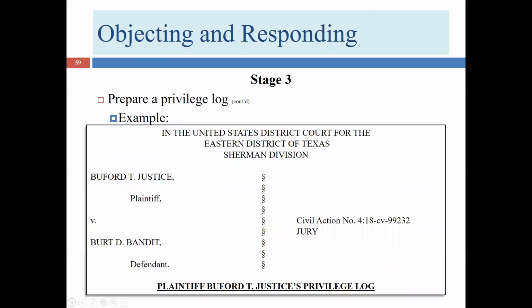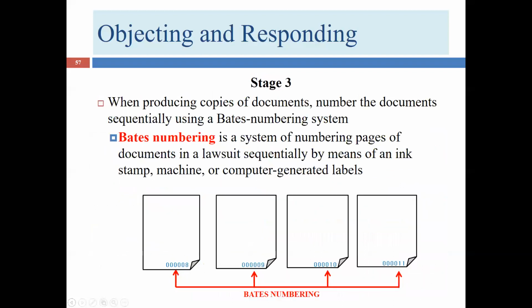And they can see they didn't get it because of the fact that they can see the sequential numbering. So it's a way for both sides to know, hey, we gave you everything we were supposed to, and yep, we got everything that we were supposed to. So there can't be a claim of, you didn't give me that piece of that document.